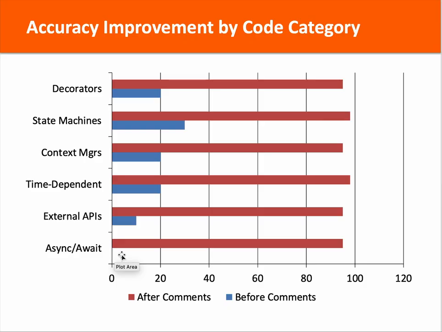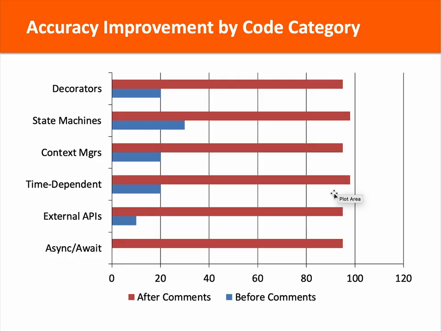Similarly, for external APIs, the improvement goes from 10% to 90% directly. For time dependent logic, the change goes from 20% to almost 95 or 98%.